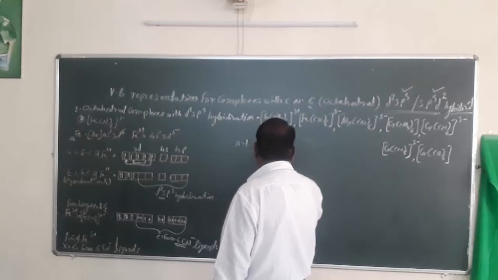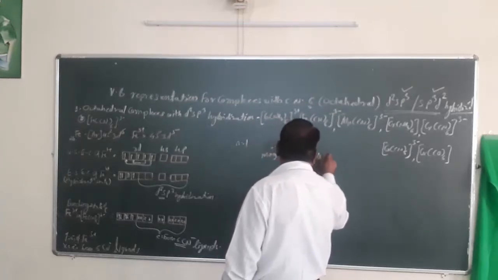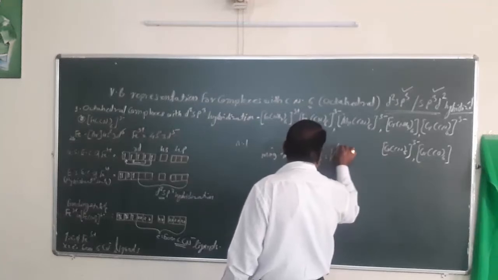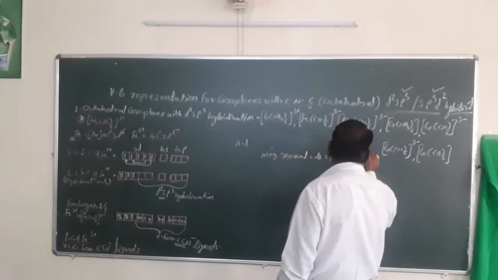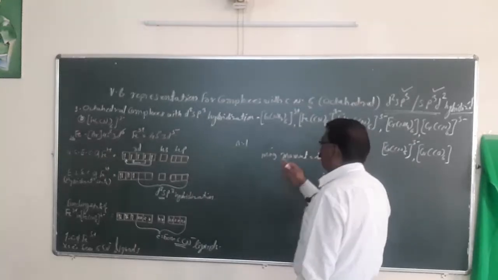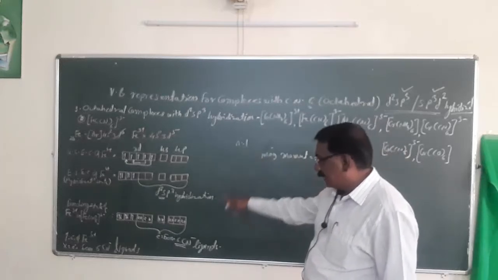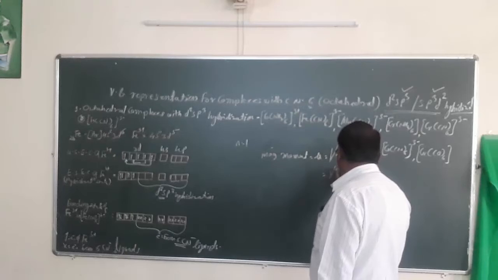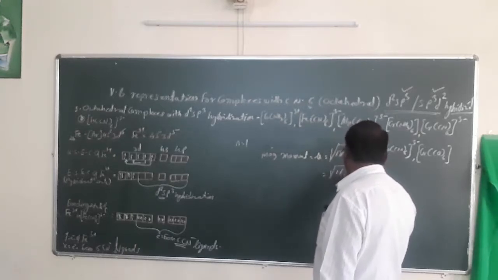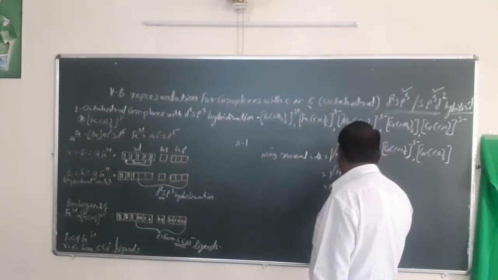So the magnetic moment mu is equal to the formula root of n(n+2). With the help of this formula we can calculate the magnetic moment. Here n is 1, that means there is one unpaired electron. So this value will be filled in this formula, and we have under root 1 in bracket 1 plus 2.